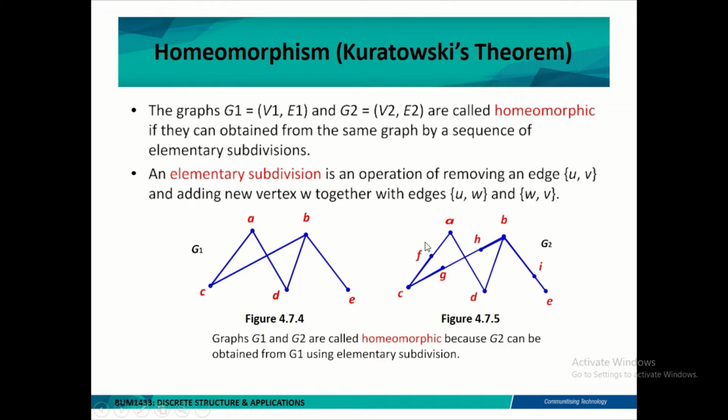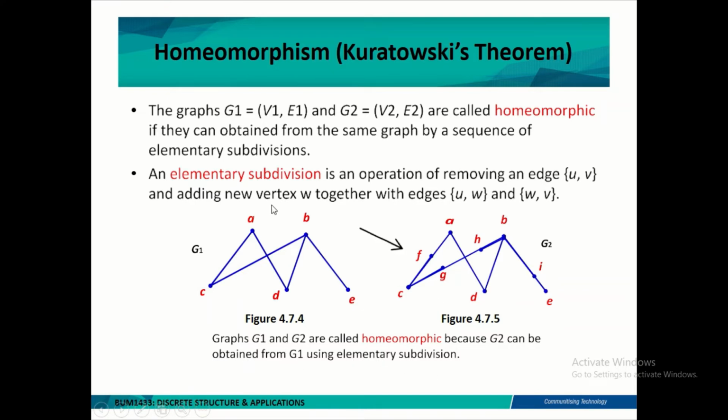If we want to find the path AC, we can find it by using CF and FA. With this we just add the vertex F to the graph and the shape is not changing. So we can say that the graphs G1 and G2 are called homomorphic because G2 can be obtained from G1 using elementary subdivision.